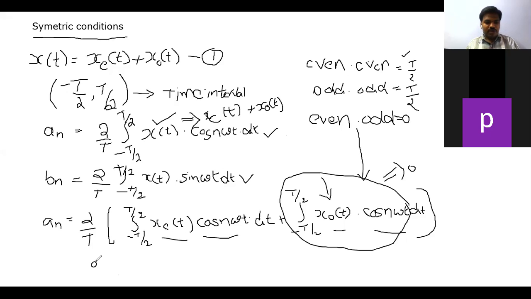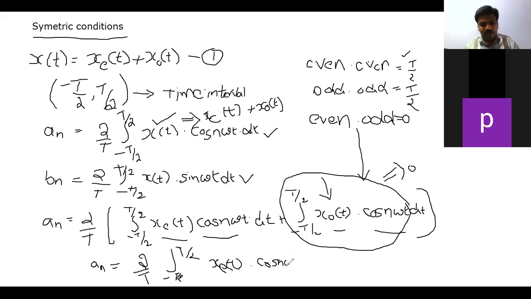So finally, an is equal to 2 by t, the integral from minus t by 2 to plus t by 2 of xe of t into cos n omega t.